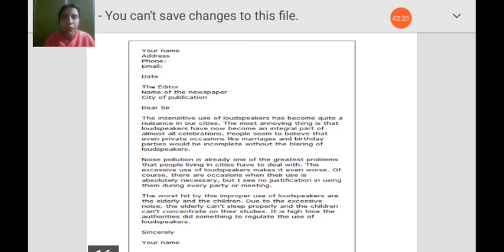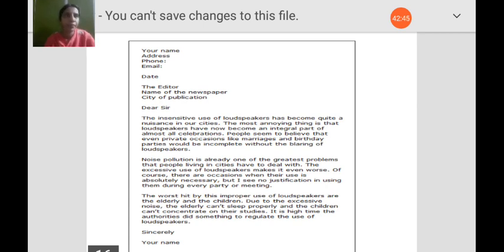Then the date when you are writing that letter. Then the editor, the name of the newspaper, here I have given The Hindu, so you write Hindu. The city of publication, wherever the city of publication is, you need to write that. Then I used the salutation Dear Sir.